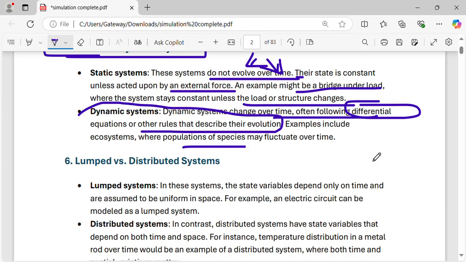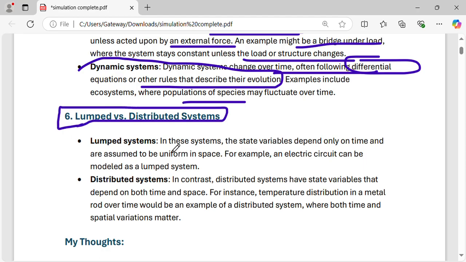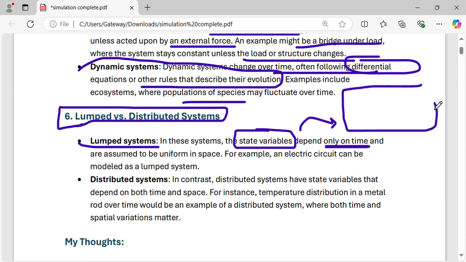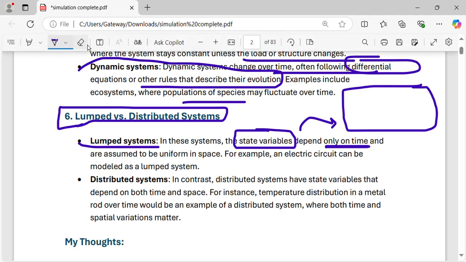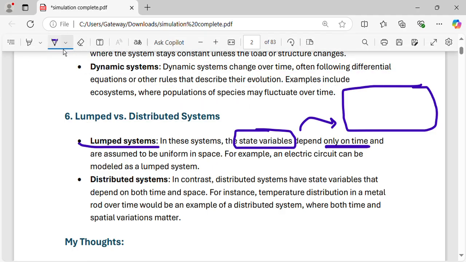Then we have what we call lumped versus distributed systems, right? What does this mean? In lumped systems, the state variables depend only on time. So what are state variables? We don't talk about them enough, but in the simulation part, because you're simulating things, you're going to be assuming some conditions.